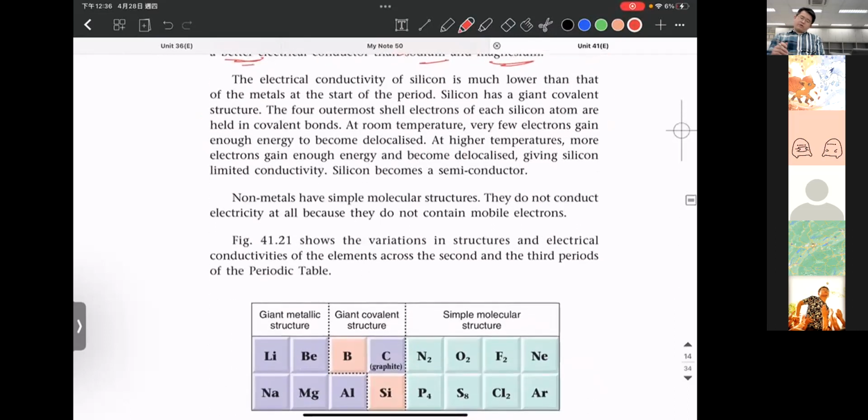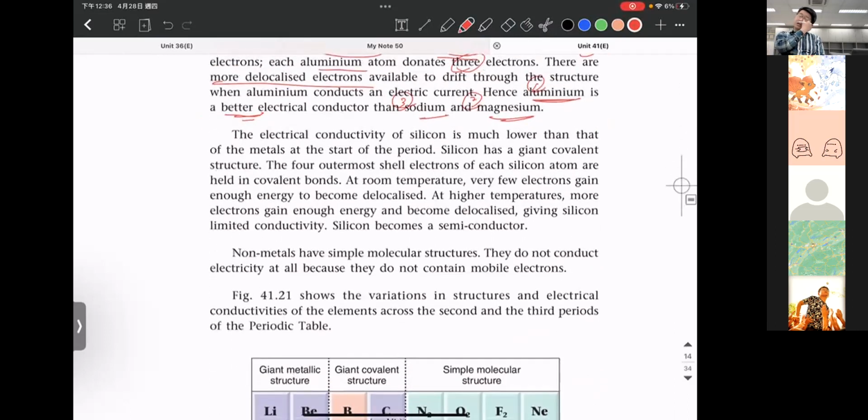When you compare this with other substances such as silicon, said to be a semi-metal or metalloid because of the giant covalent structure, theoretically you may find that there will be no delocalized electrons in this structure because all electrons in the outermost shells are involved in the covalent bonds between neighboring atoms.